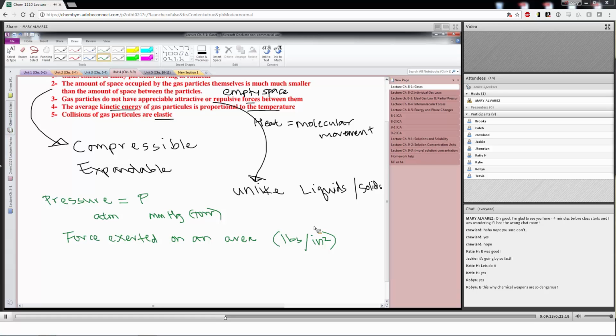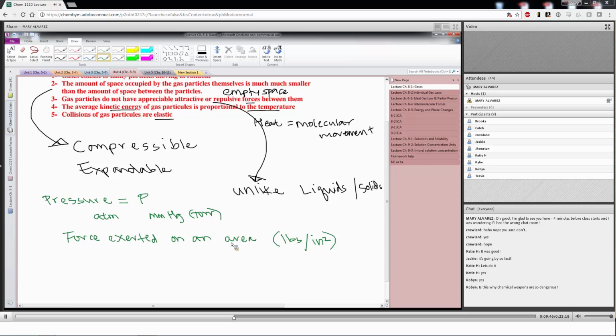And so it doesn't really bother us to have 7 pounds per square inch. Whereas if we went to the moon without a spacesuit and we'd have far less pressure, that would actually be disastrous for us, if that makes sense. So pressure is the force exerted on the area. And how would a gas exert force on an area? You guys tell me.